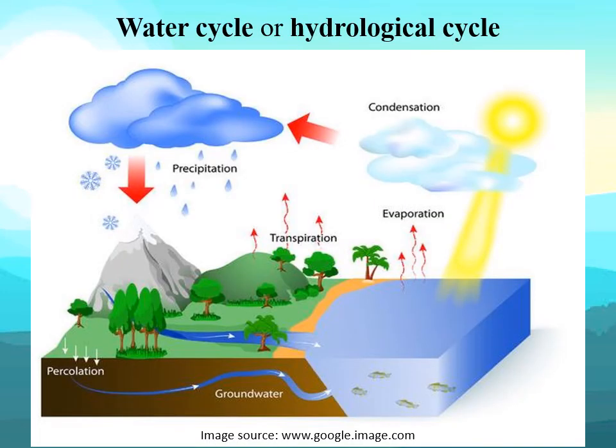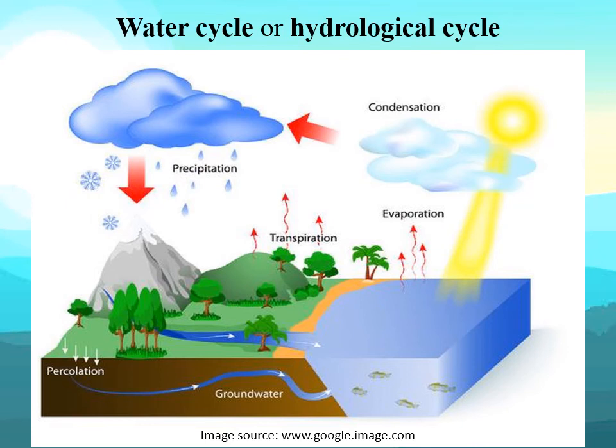The first cycle is the water cycle or hydrological cycle. It is known to you that water changes. Due to this exchange of energy, sometimes energy is taken into the water molecule and sometimes energy is released from the water molecule.